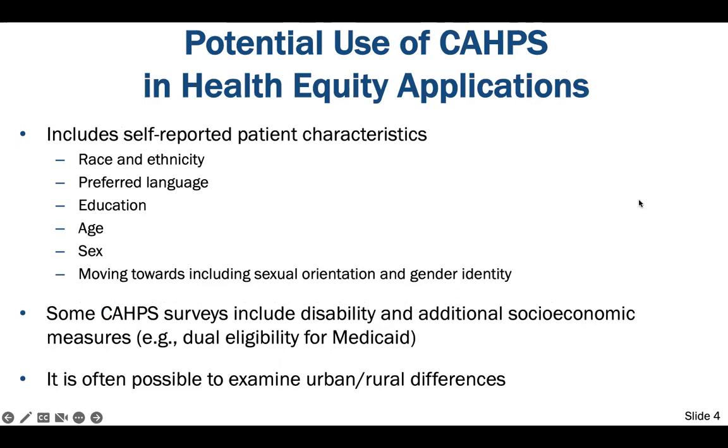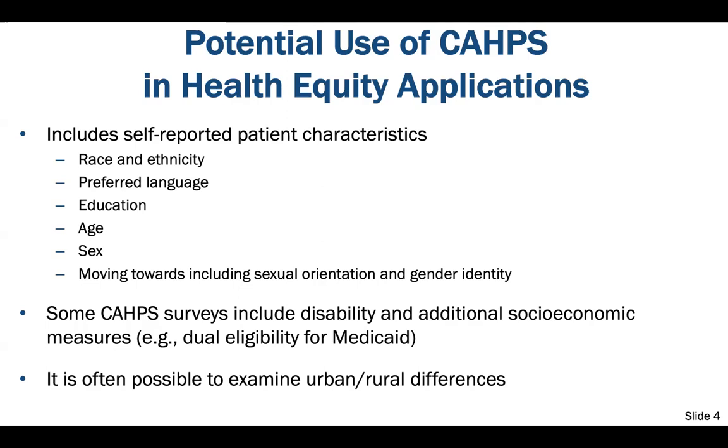So the next question might be what are the characteristics of patients where it's possible to use CAHPS surveys to assess disparities and inequities. The starting point is generally going to be the self-reported data that exists for patients. If you're familiar with CAHPS surveys, there's typically an about you section of demographics at the end of the survey, and a lot of information is gathered there.